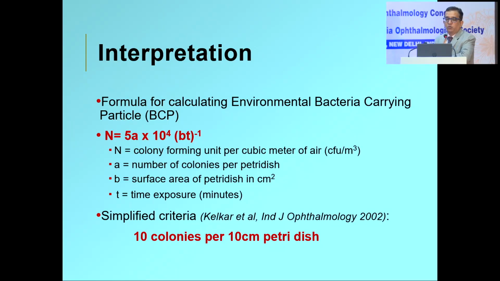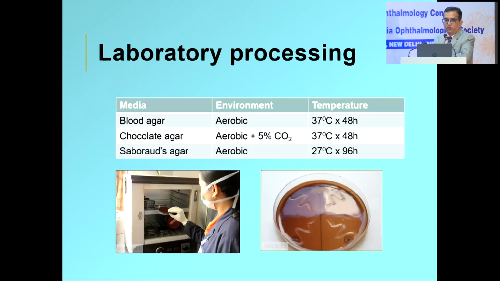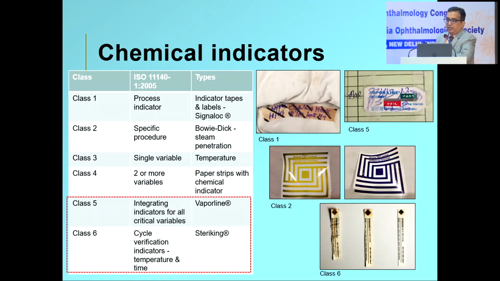So more than 10 bacterial colonies or 1 fungal colony, that is the rule of thumb that you need to follow. When these samples are collected, of course this part you are not directly involved in, it's the laboratory services, so they will incubate it at proper temperature and air system.